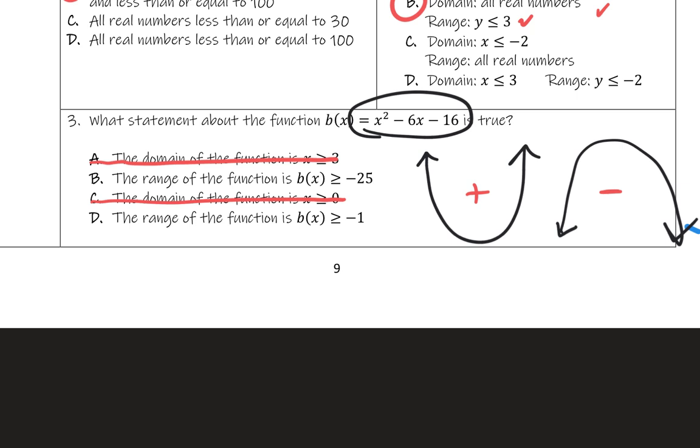Let's see, we have x squared minus 6x, and then minus 16. Should the range be greater than negative 25 or greater than negative 1? Well, if I look at my graph now, is it at the negative 1? No, I can zoom out.